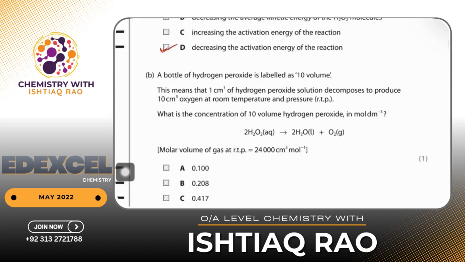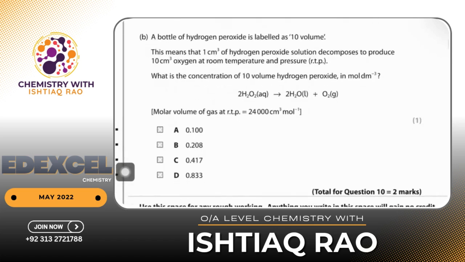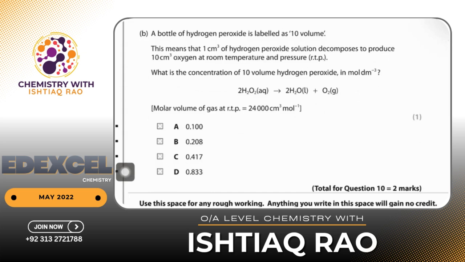A bottle of hydrogen peroxide is labeled as 10 volume. This means that 1 cm cube of hydrogen peroxide solution decomposes to produce 10 cm cube of oxygen at room temperature. What is the concentration of 10 volume hydrogen peroxide in mole per decimeter cube?